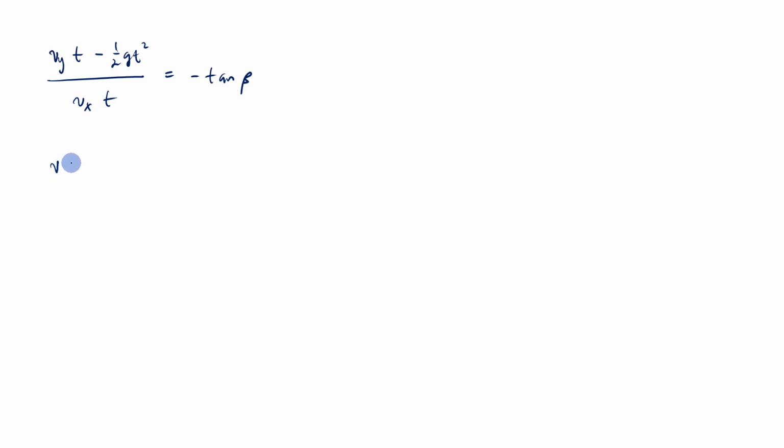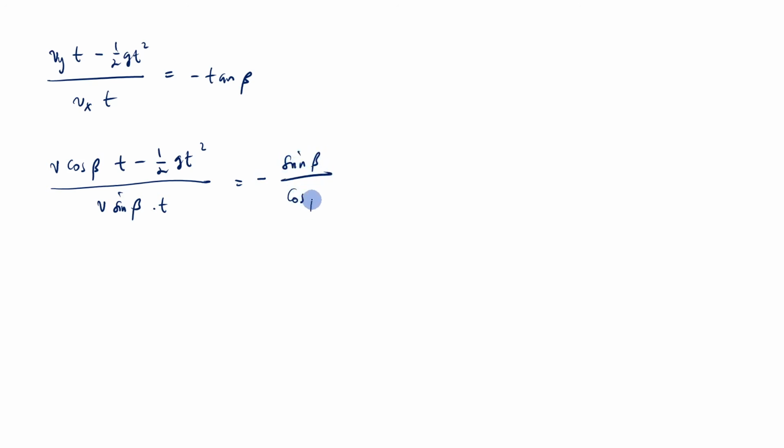Vy equals V cos beta times t minus 1/2 g t square, divided by V sin beta times t, and we can substitute this by sin beta divided by cos beta.